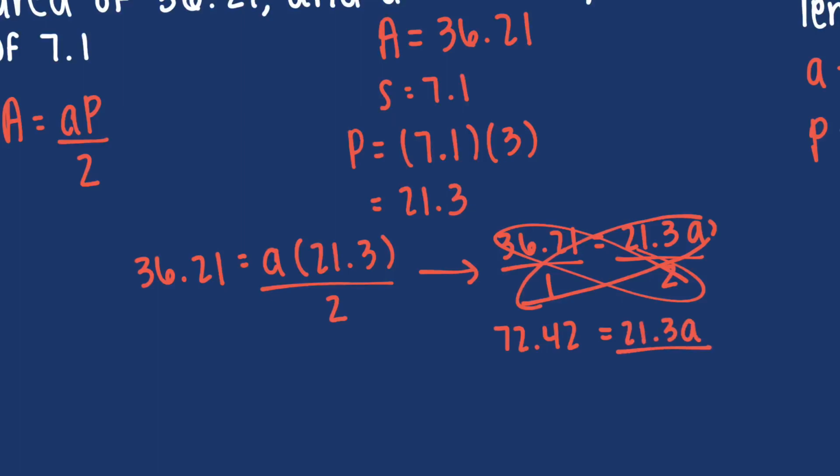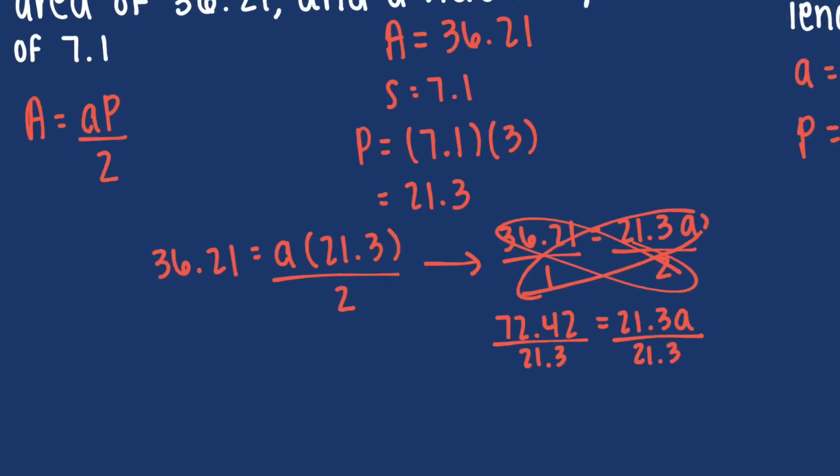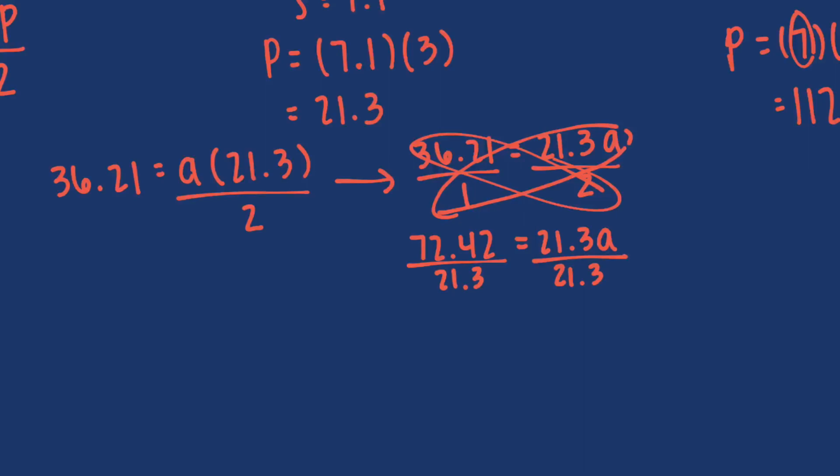In order to get that a to find my apothem, I have to divide by whatever is attached to it. So I'm going to divide both sides by 21.3. It cancels out on the right side, so I'm left with my apothem is 72.42 divided by 21.3, and when you plug that in, you get 3.4.